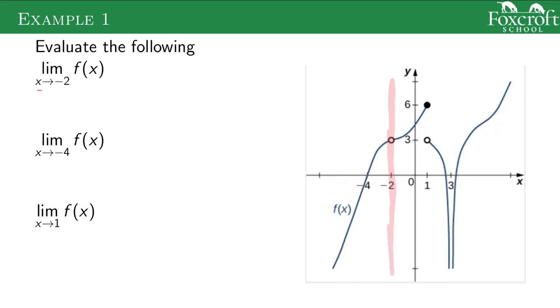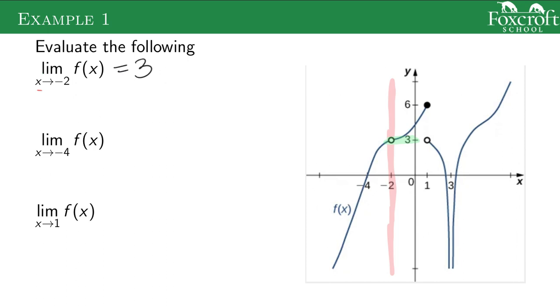And then on that strip, I see where my y values are. The only place this strip hits my graph is right here. So when my x values are close to -2, the only place my y values are close to is 3. So the limit is 3. Even though f of -2 doesn't exist because I have the open circle, the limit is 3. All the y values are near 3.